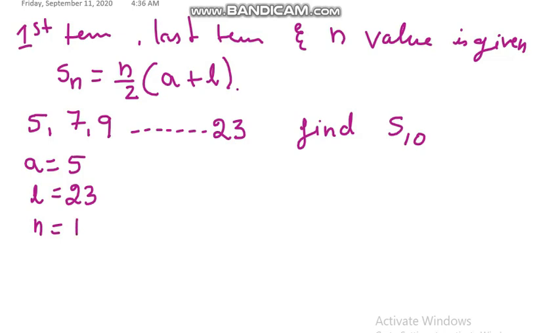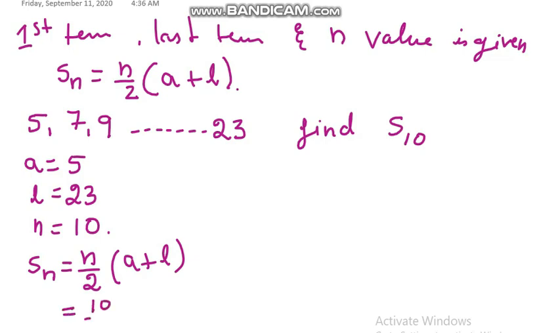Therefore, n is equal to 10. Then the Sn formula is Sn is equal to n by 2 into (a plus l). Here n is 10 by 2, first term is 5 and last term is 23.